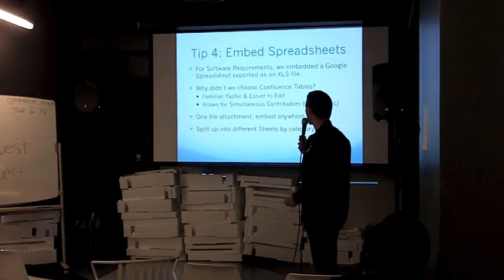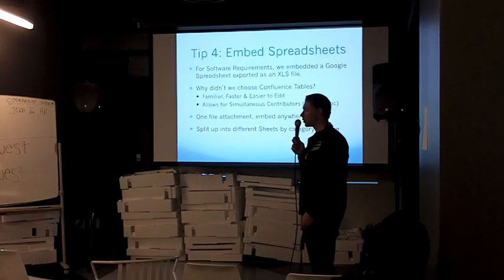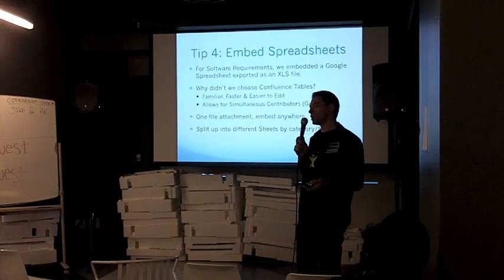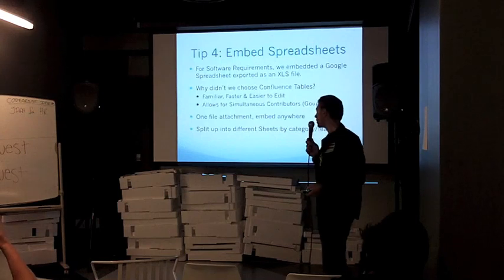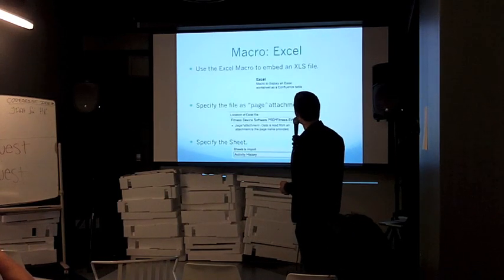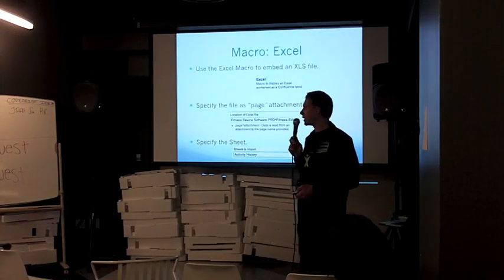So, no problem. We can embed spreadsheets right within Confluence, and then even if you're forced to use a spreadsheet to come up with requirements, you can still add that as an attachment and then use the Excel macro to embed that sheet.